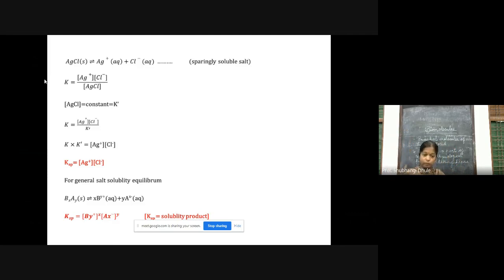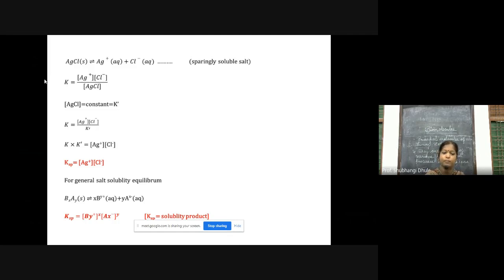So here, in the last lecture, we were up to the solubility product and we derived this equation for the KSP. So the KSP value for a general sparingly soluble salt is KSP equal to the concentration of the cation B^(y+) raised to power x, and the anion A^(x-) raised to power y.